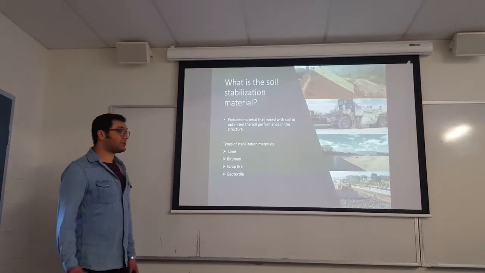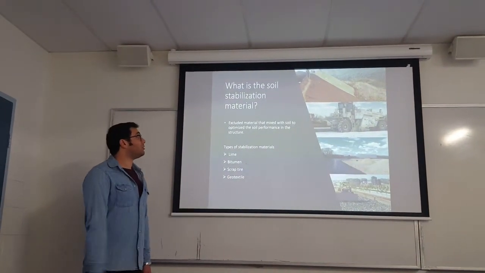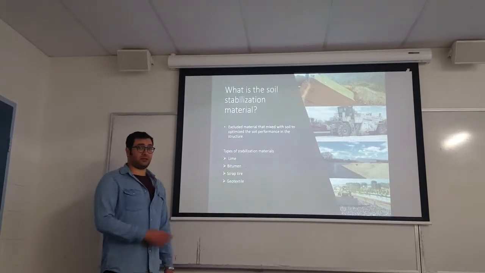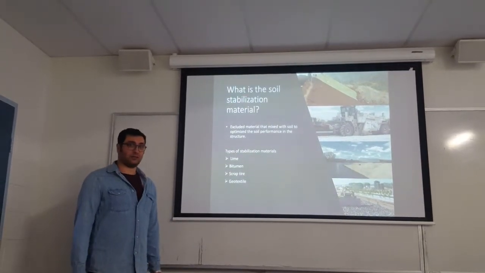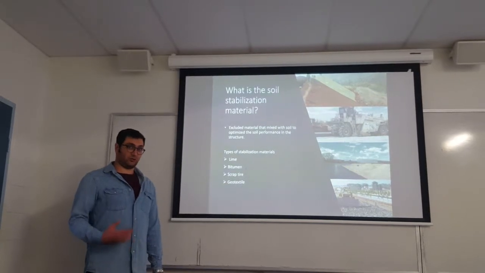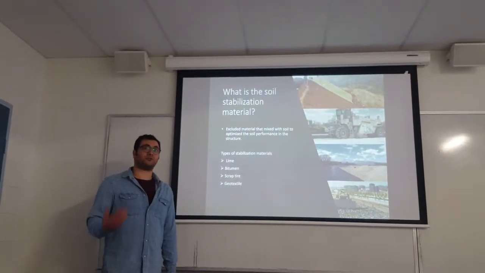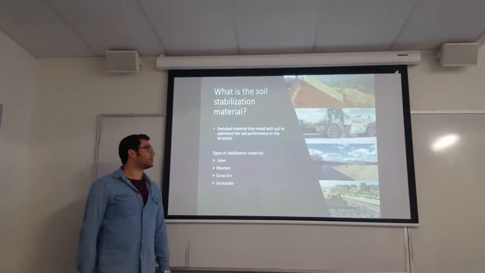So the first question would be, what is a soil stabilization material? If I want to summarize it in one sentence, it is an external material that would be involved with the soil and optimize the performance of the soil in the structure.